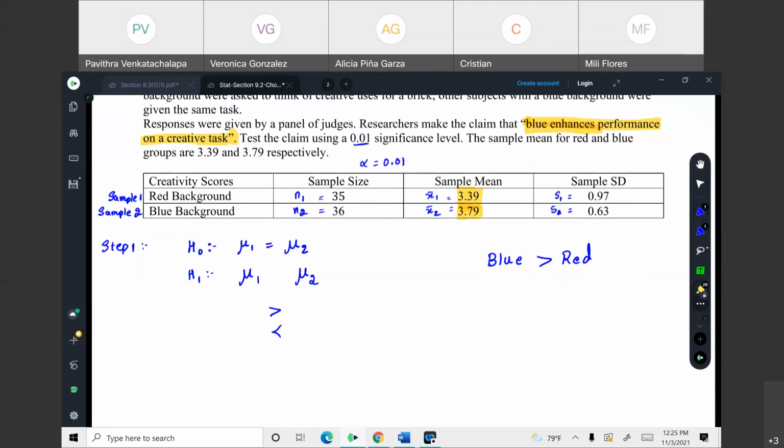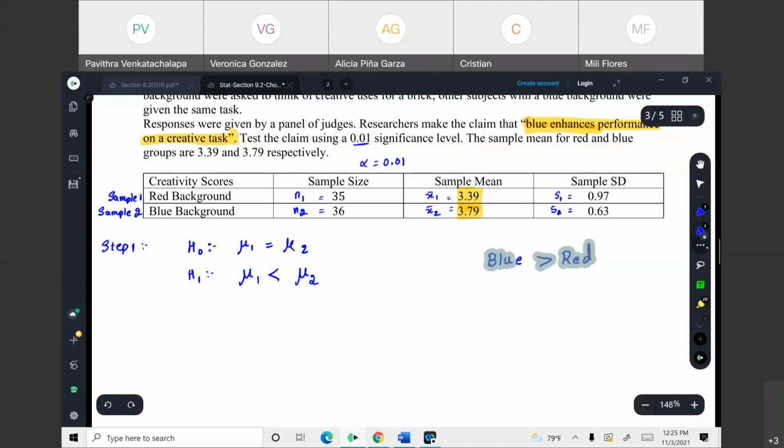Now take a look at the value of the sample mean. Blue is greater, that means red is small, right? So it is the less than symbol. Red has to be smaller than mu2.